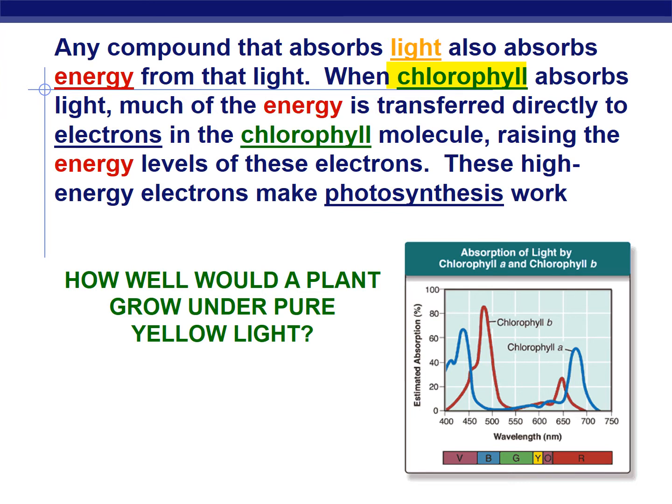And now let's ask this question. What color wavelength of light would be the best to grow a plant? If you were to pick a colored light bulb to grow a plant underneath, what color would you want to pick? And there's a couple colors that are actually really good, but probably blue would be the best color.